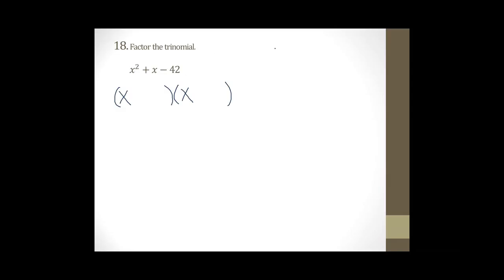Now, this is our standard form. So if c is negative, so negative c means we're going to have different signs in our factors. So basically we want to have a positive and negative.